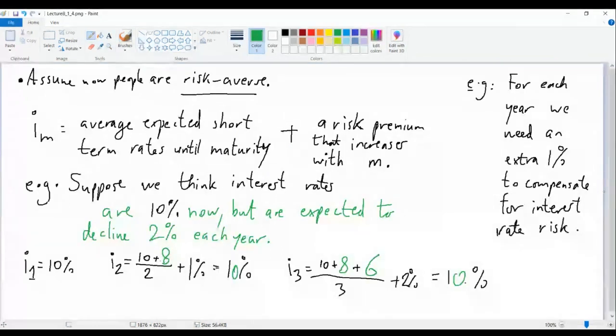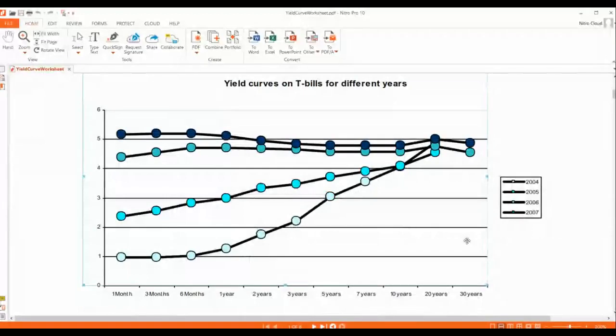And another thing that we can do is go back to our, what did I call it? Yield curve worksheets. And now we can see what kinds of things people must have expected in each of these years.